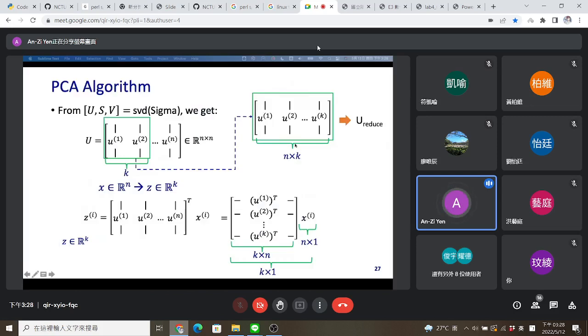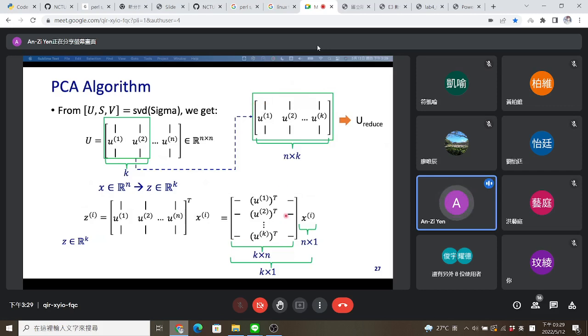So we will get an n by k matrix. We call these columns U1 to UK. For the rest of the procedure, we are going to use the first K columns of this matrix.